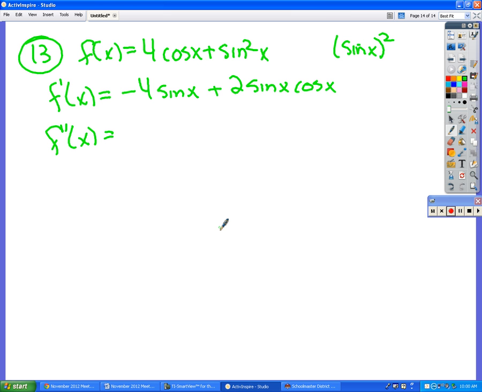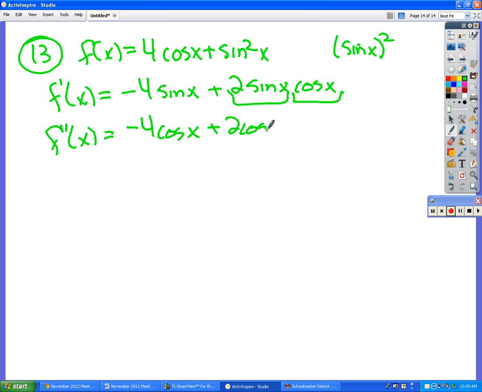All right, second derivative. Negative 4 cosine x. We have to go product rule because we have two functions there.